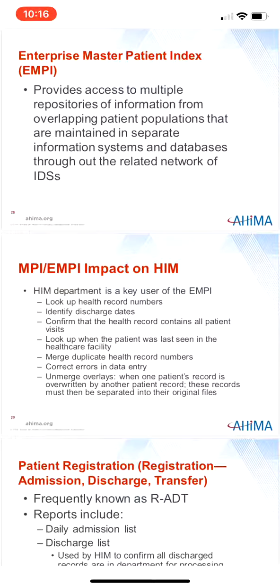The HIM staff also uses the EMPI to look up health record numbers, identify discharge dates, confirm that health records contain all patient visits, look up when the patient was last seen in the healthcare facility, merge duplicate health record numbers, correct errors in data entry, and unmerge overlays when one patient's record is overwritten by another patient record. These records must then be separated into their original files.